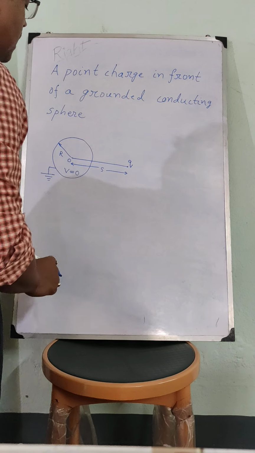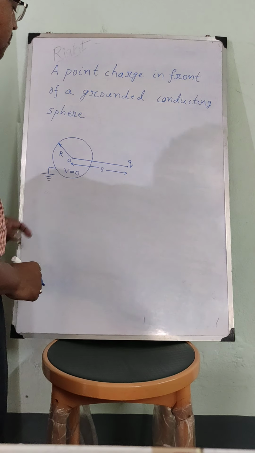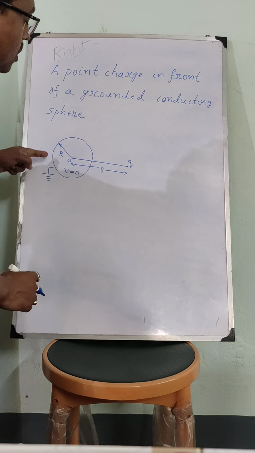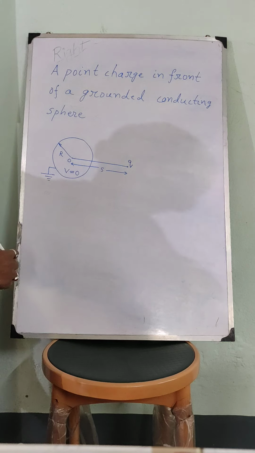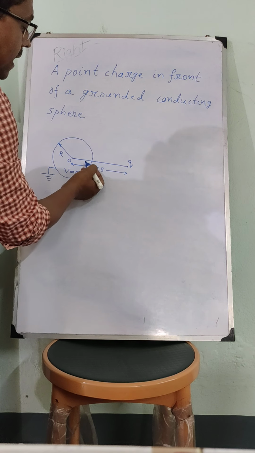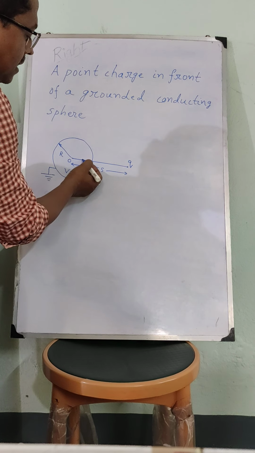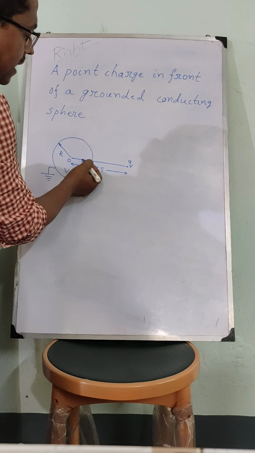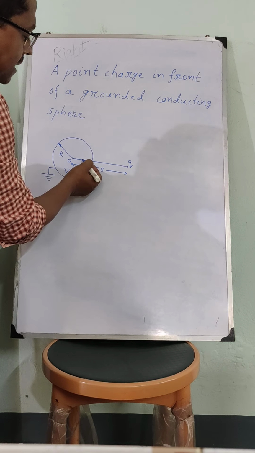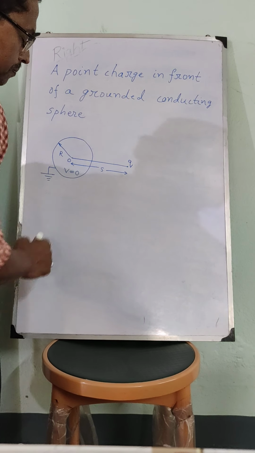Now, like our earlier case, we will assume that there is no such sphere, and instead there is an image charge. Here we will consider an image charge which is a point charge, and we will place it inside the sphere.